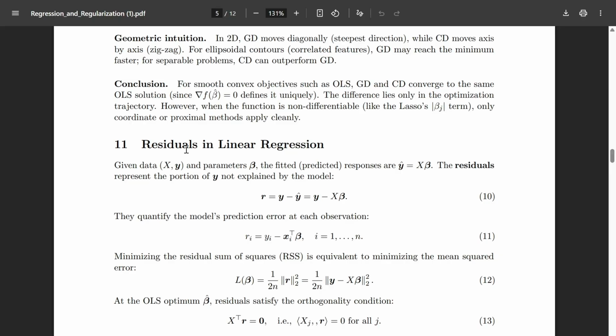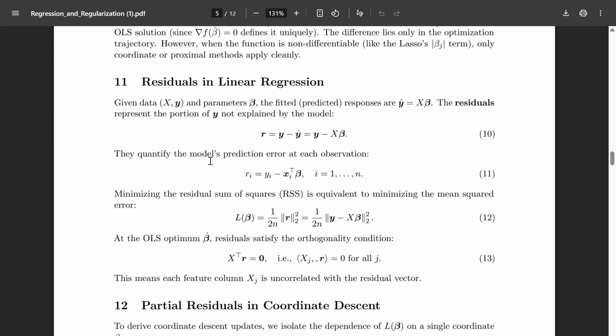So what exactly are residuals in linear regression? Let's say that r is equal to y minus y hat, where y is the true response and y hat is the predicted response. So it is something like y minus X beta, or beta transpose x, however you write it.